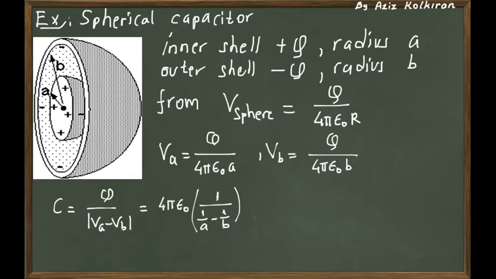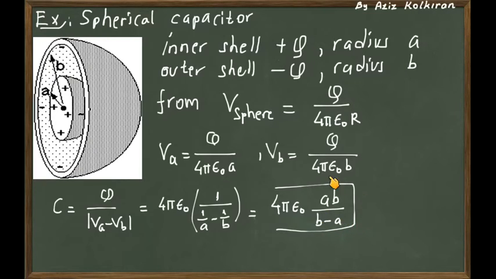And when you do this, we get 4 pi epsilon 0 over the difference between the inverse radii, 1 over a minus 1 over b. So the result is 4 pi epsilon 0 times the inner radius times the outer radius, divided by the radius of the outer shell minus the radius of the inner shell.